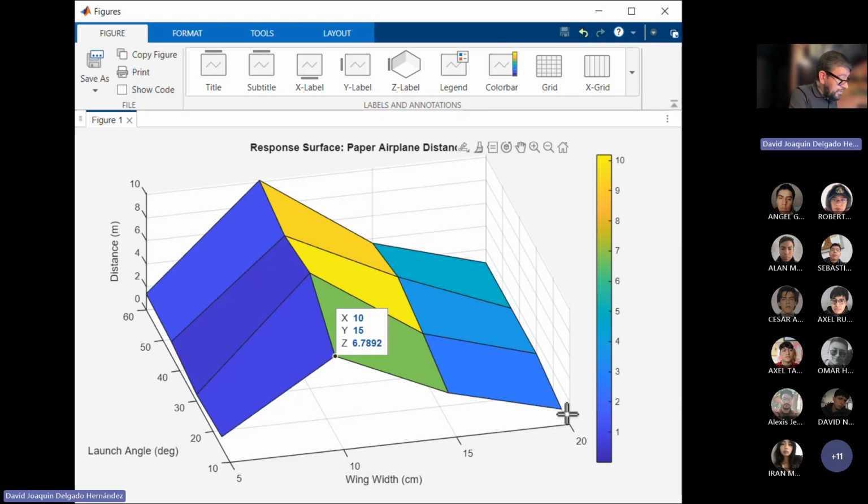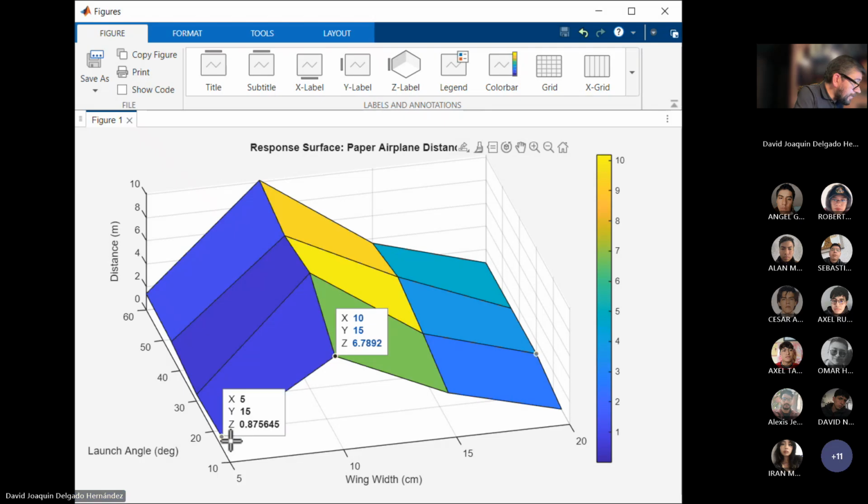If you have 20 centimeters of width, it is going to be worse. It is not going to improve the behavior of the airplane, okay? But here you can improve a lot.